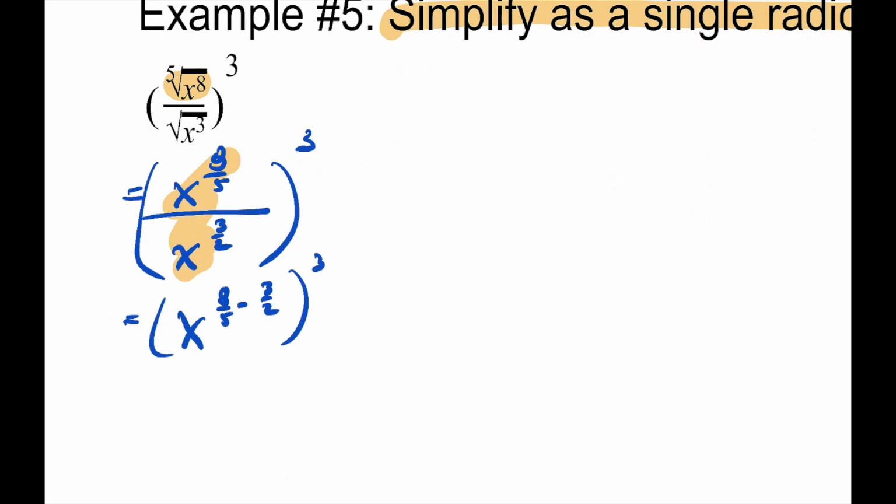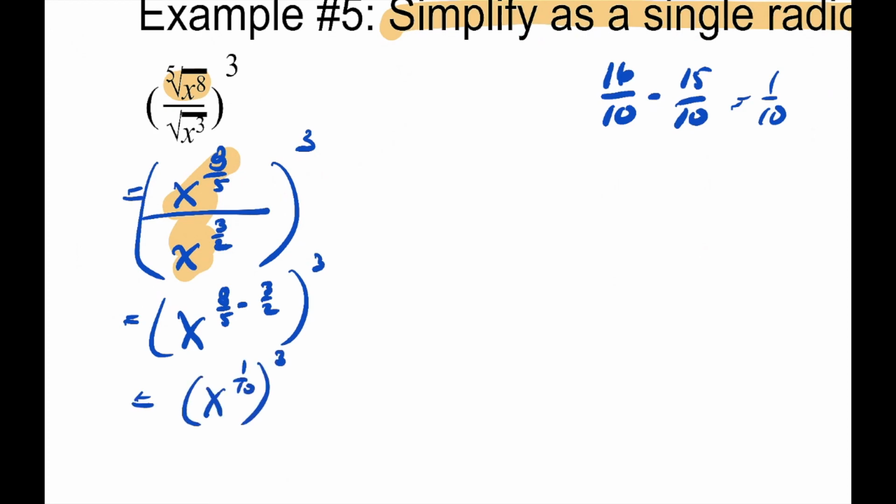So I just go off to the side. 5 and 2 have a common denominator of 10. So it's going to be 16 over 10 minus 15 over 10. Oh, that works out nicely, which is just 1/10. So here you get x to the power of 1/10, all to the power of 3.